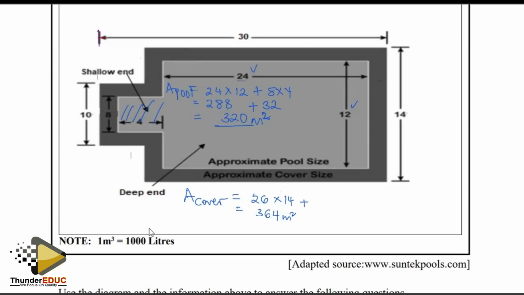Plus, also we look at this area here, which will be 10 times 4. Because it's this 10 here times the 4. Which is what? 40. So when you add everything here, you end up having 404 meters squared.